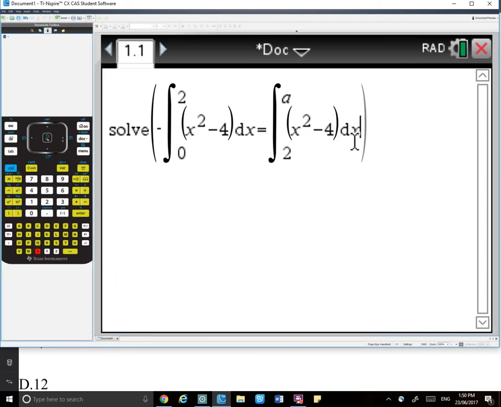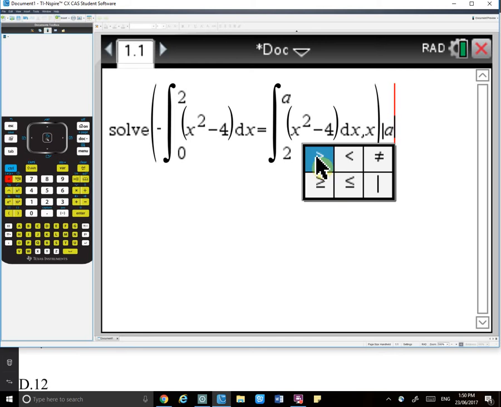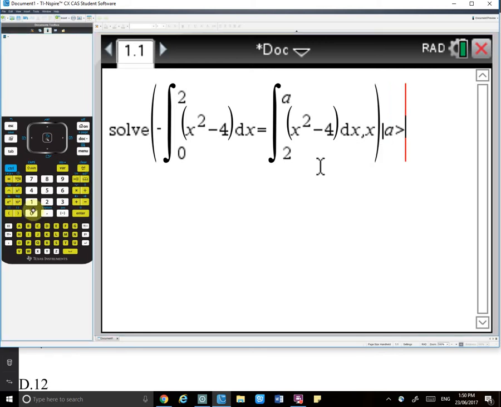We solve for that, comma, and we can press control equal to have this bar here and say a greater than 0.